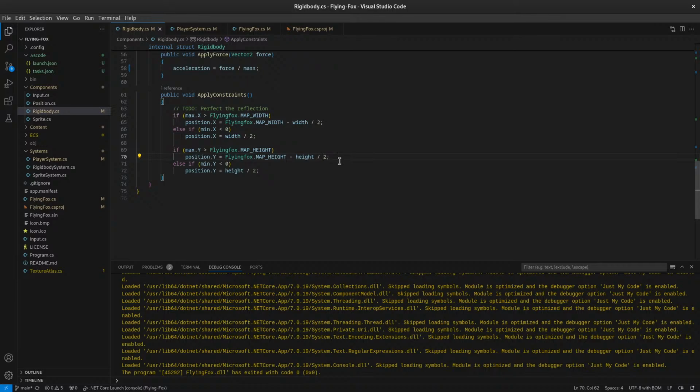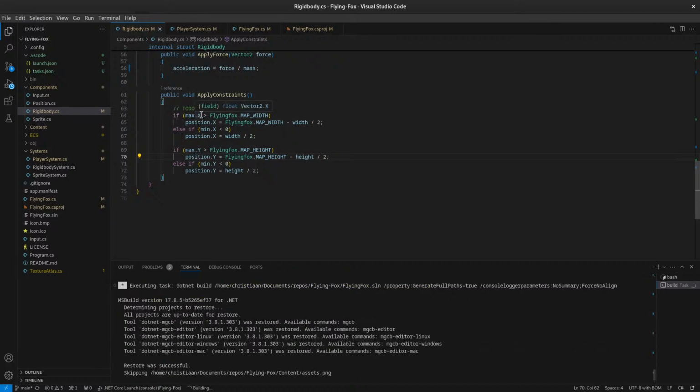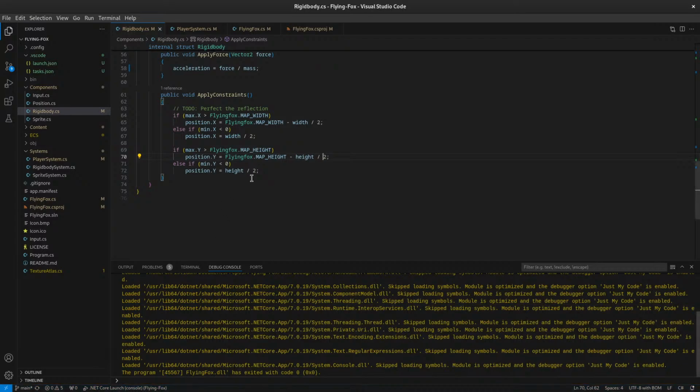This is supposed to prevent the player from falling below the map height, so falling off the screen. Let's run the code. There's our little player. It's ever so slightly moving. Probably a bit of problems here.